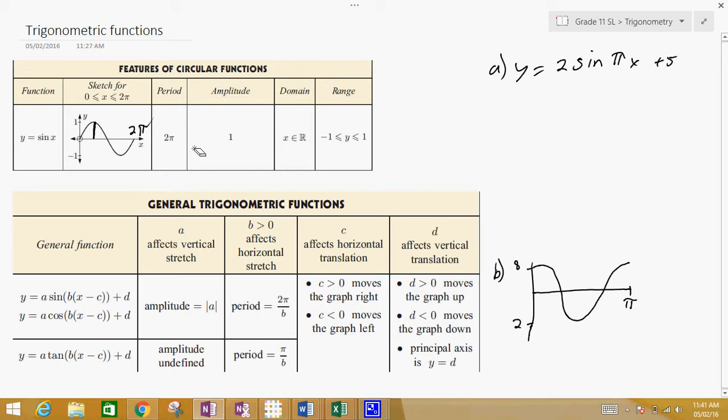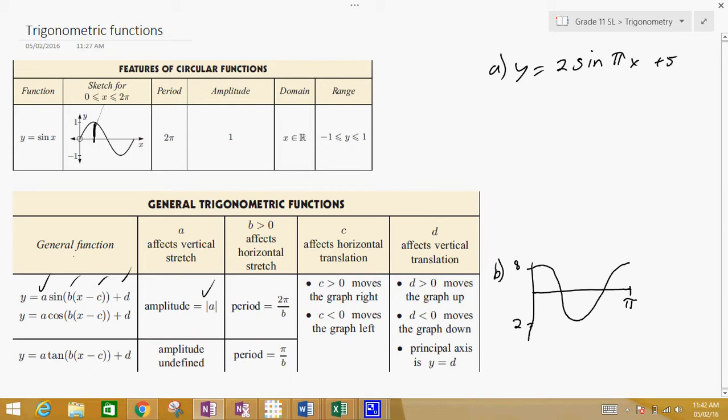So, what kind of transformations can happen to your sine function? Some of the transformations that can happen is we've got this form where we've got the letters A, B, C, and D. And what these do is the following. The A affects amplitude, how high or if it's going to be stretched out.